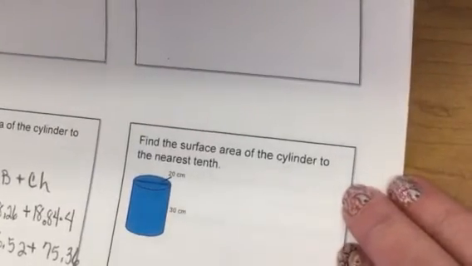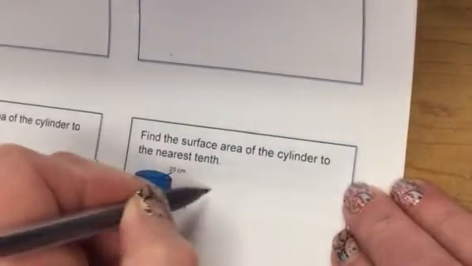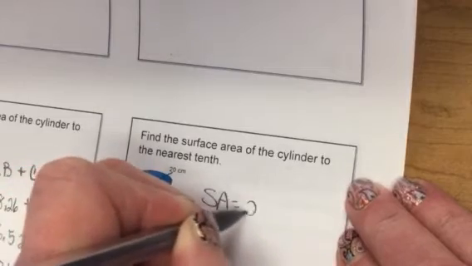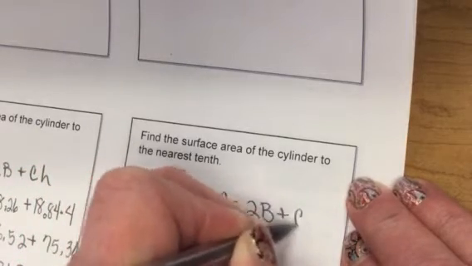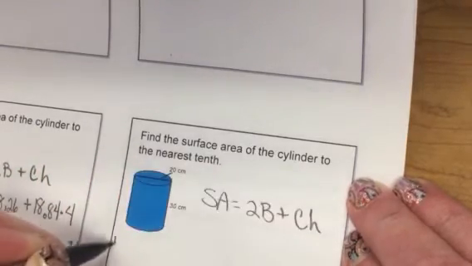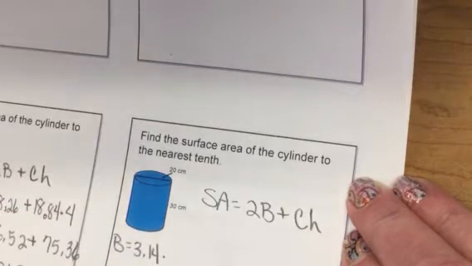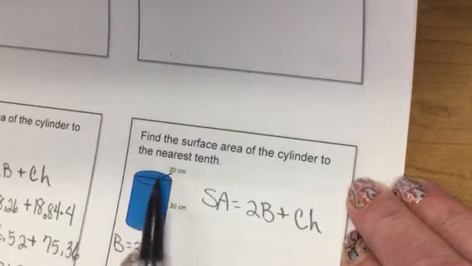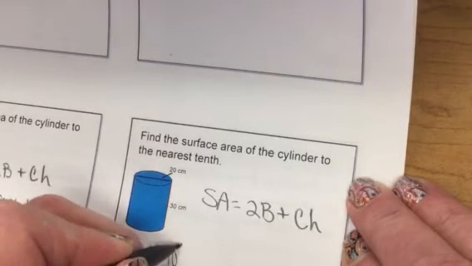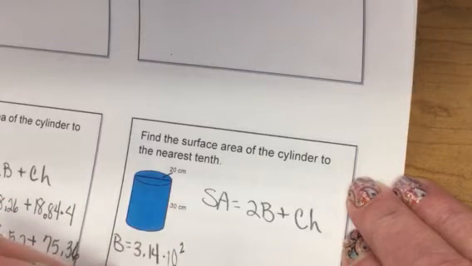Surface area of that cylinder to the nearest 10th. 2B plus CH. Capital B, pi, 3.14. Radius, now, they gave me diameter, so my radius is 10, 10 squared, giving me a base area of 314 centimeters squared.